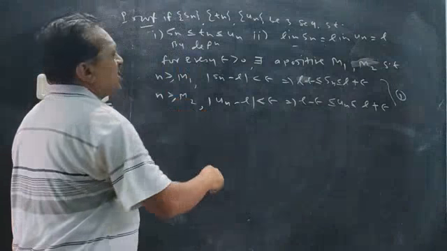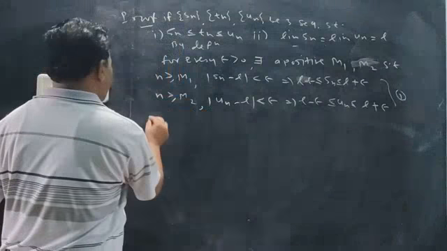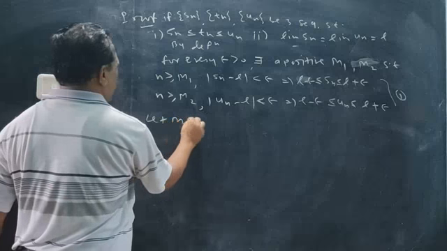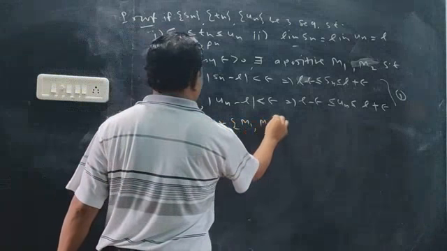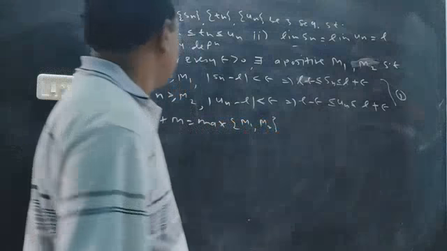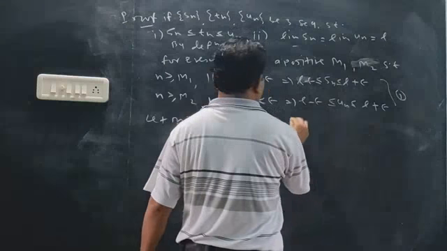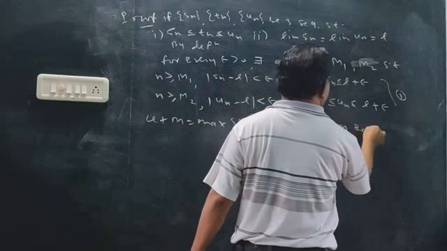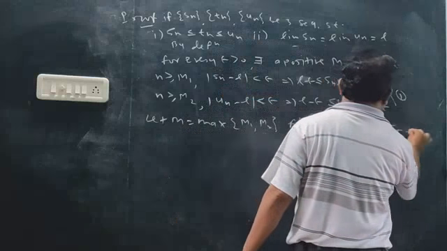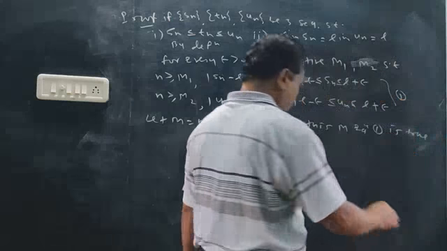Now here M1, here M2, but I want only a single M, so let M be the maximum of these two numbers, M1 and M2. So for this M, equation number 1 will be true for both.